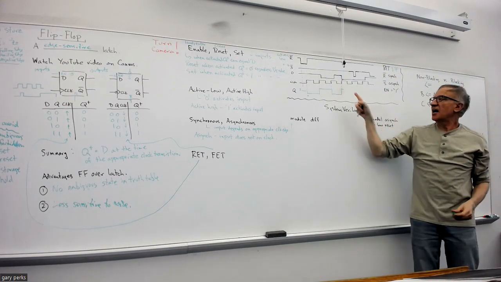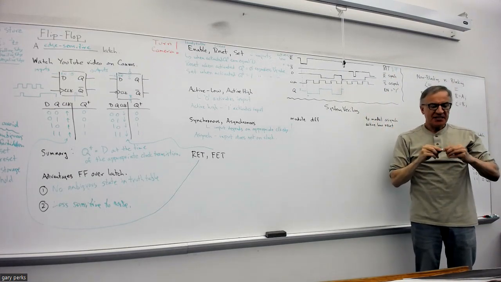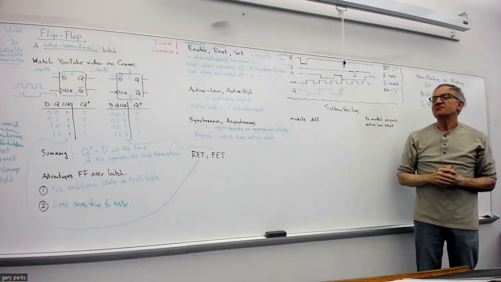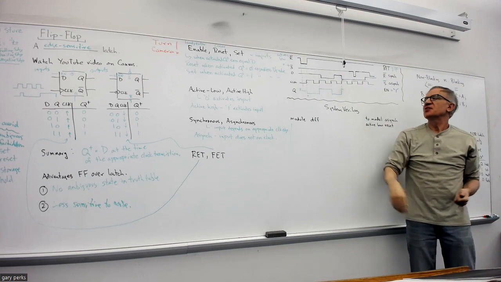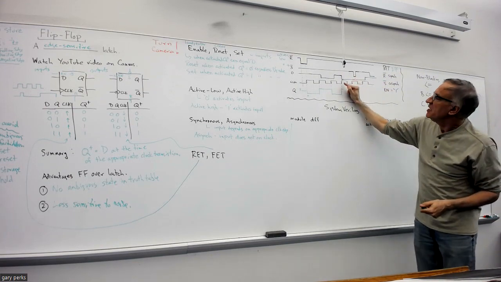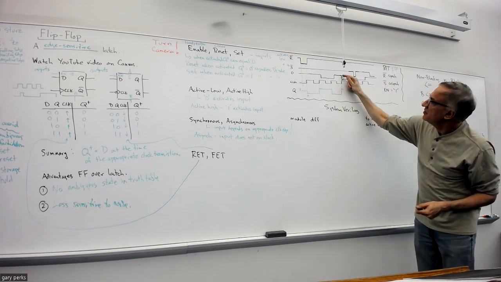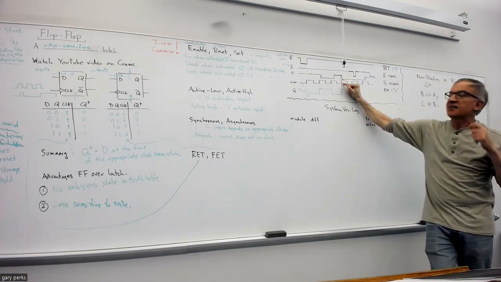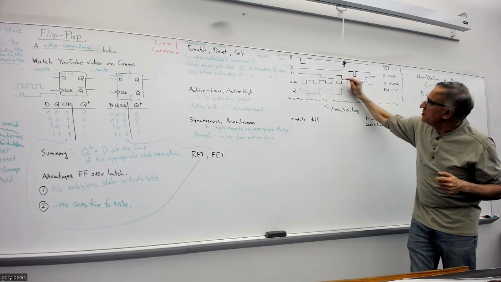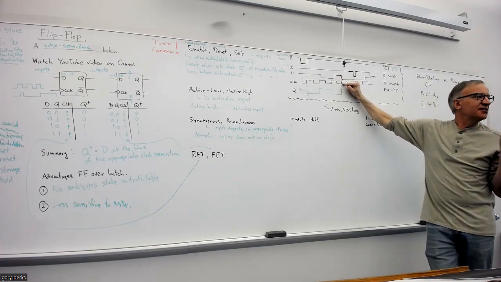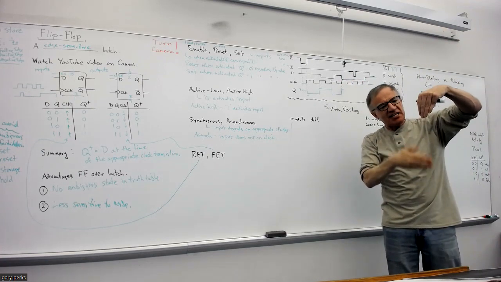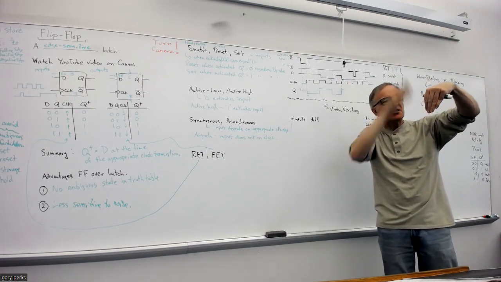Now, the reason I made this really close is because that was a memory jogger to me to mention and to ask you, what do you think would happen if D here was changing right at the same time as this rising edge of the clock? Like if D here was going 1 to 0 at the same time this clock was on its rising edge, what do you think would happen? So you have a change in D happening at the same time as that appropriate edge of the clock.